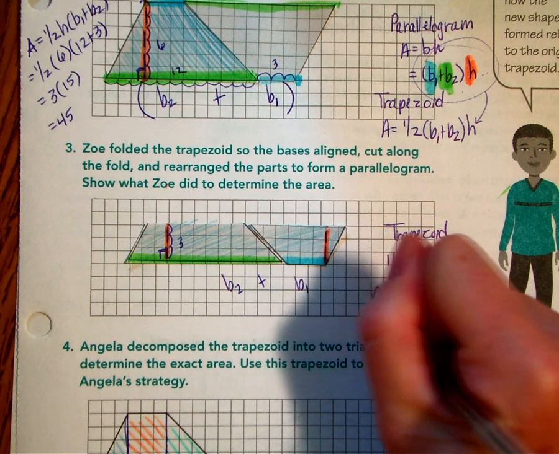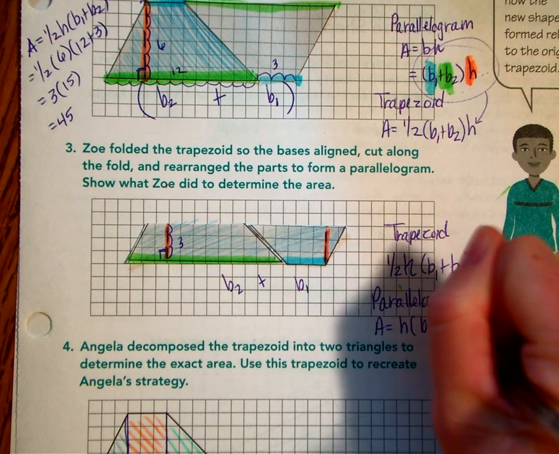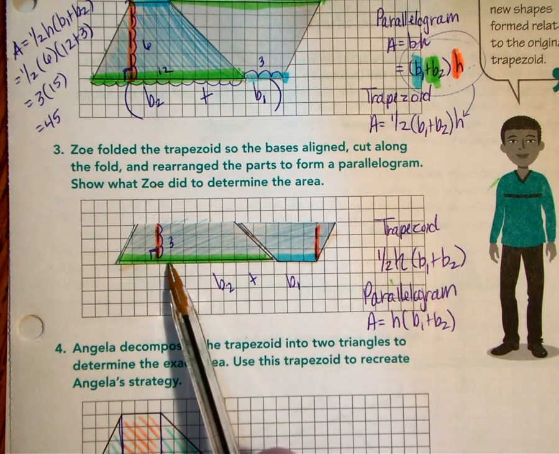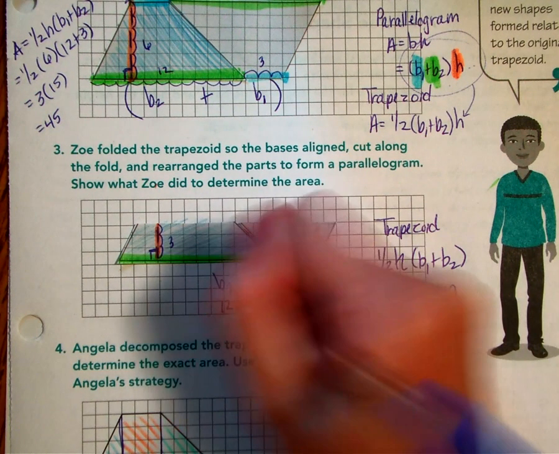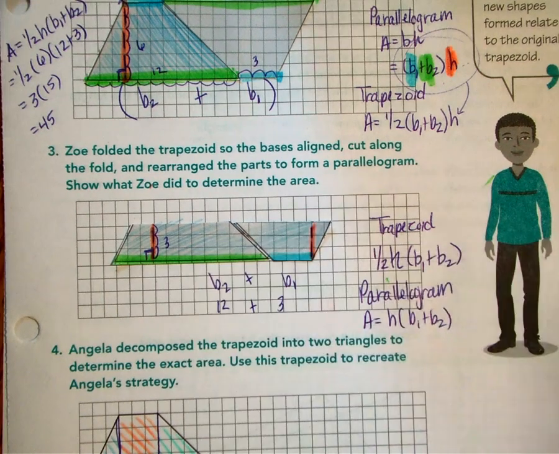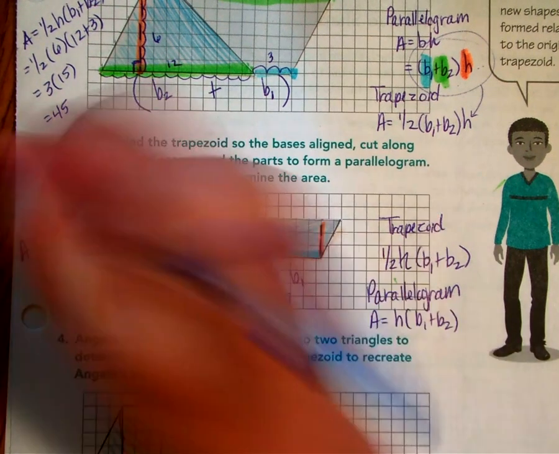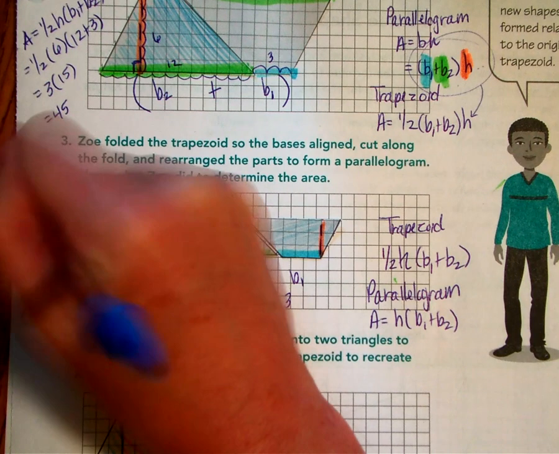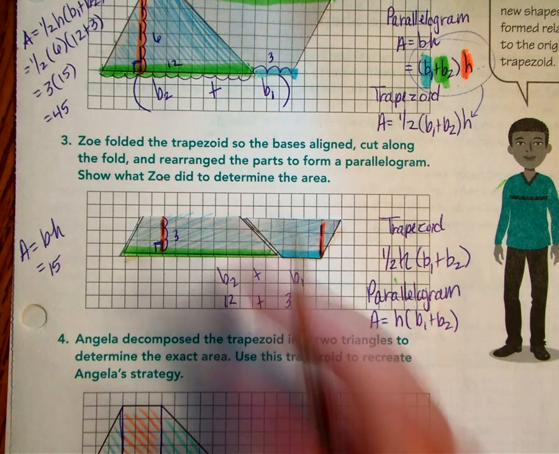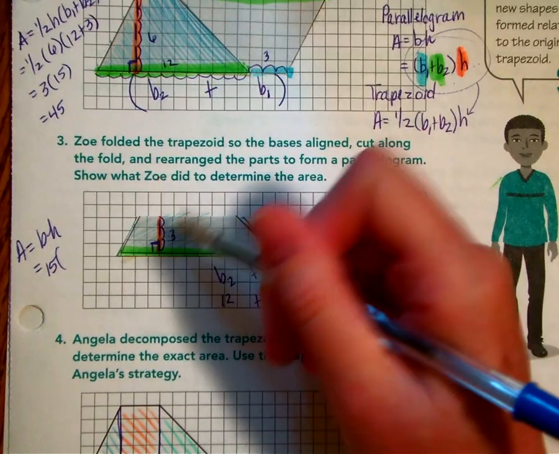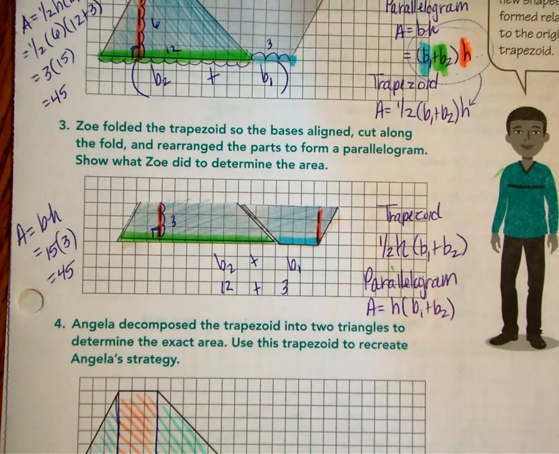Its formula would really be height times base 1 plus base 2. So it would be 3 times 12 plus 3. Because this was 12 up above, and this is 3 up above. The area of this new parallelogram is base times height. The base is worth 15 because I have to add the 12 and the 3. And the height is worth 3 because I already indicated it. So now I have 45. Okay, good.